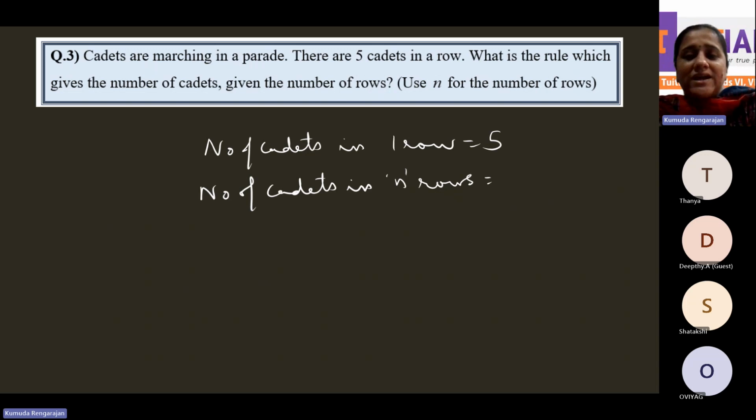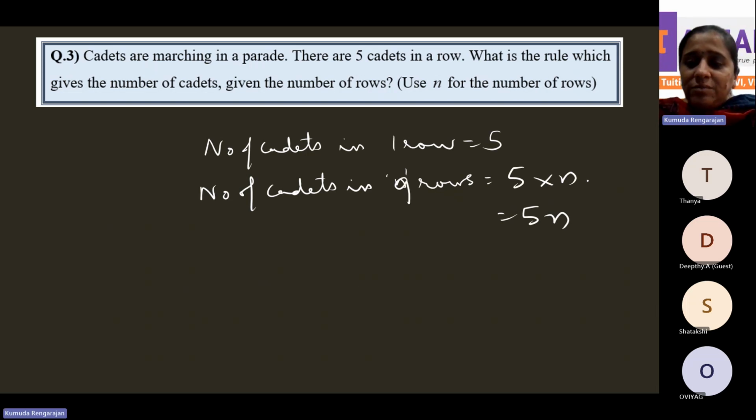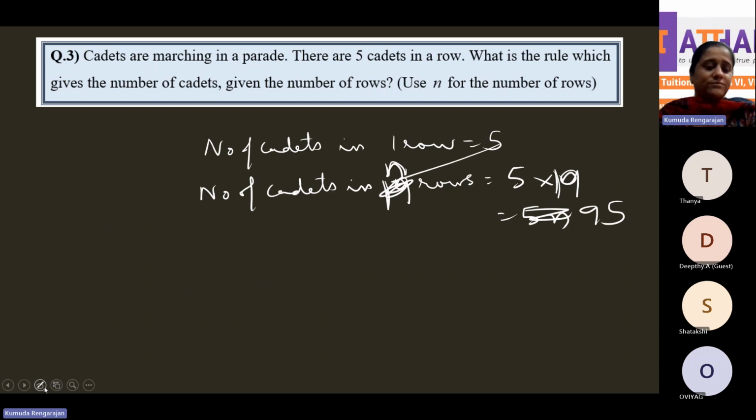One row, 5 candidates. n rows, 5 into n, 5n candidates. Supposing it was 9 rows, then it will be 5 into 9, 45. If it was 19 rows, 5 into 19, 95. Number of rows is not given, so we have taken it as n. So the number of candidates will be 5 into n.